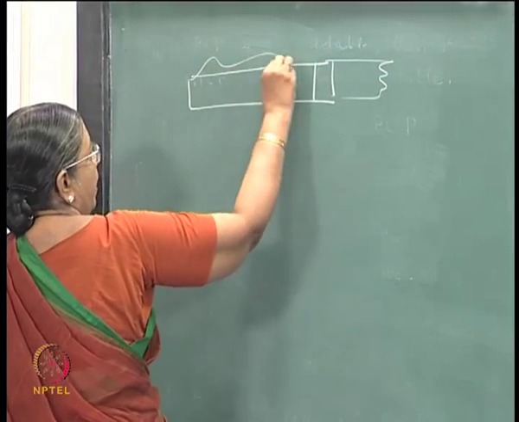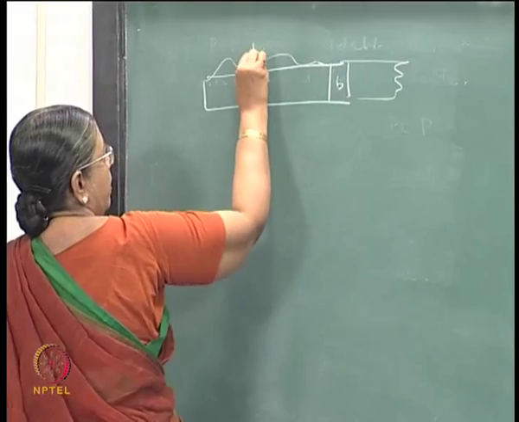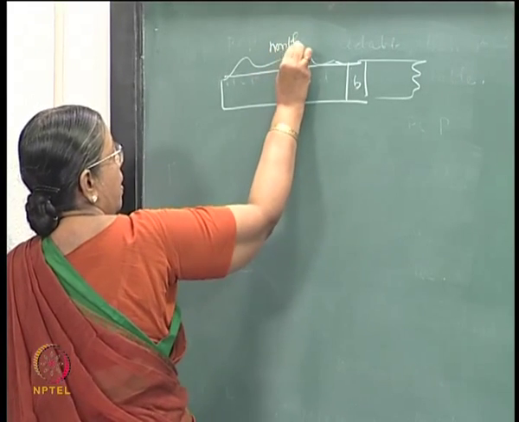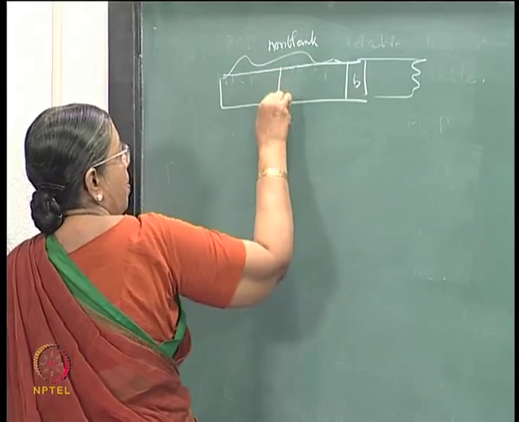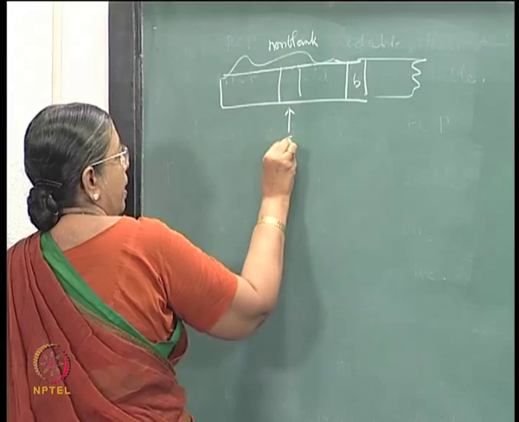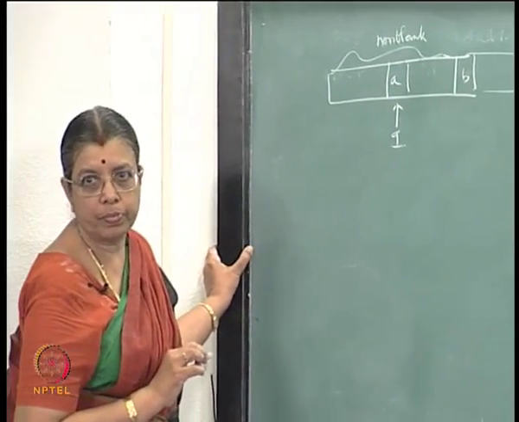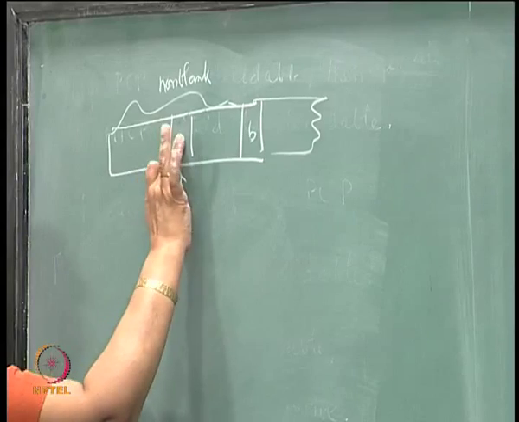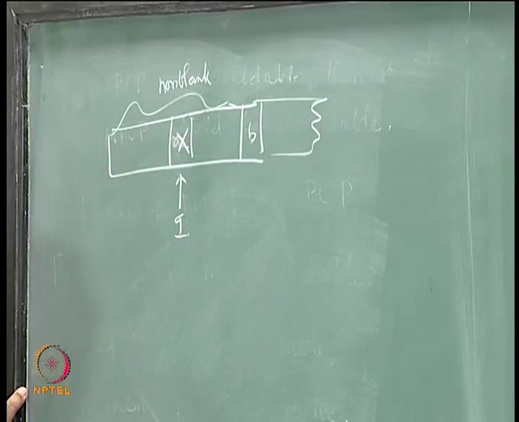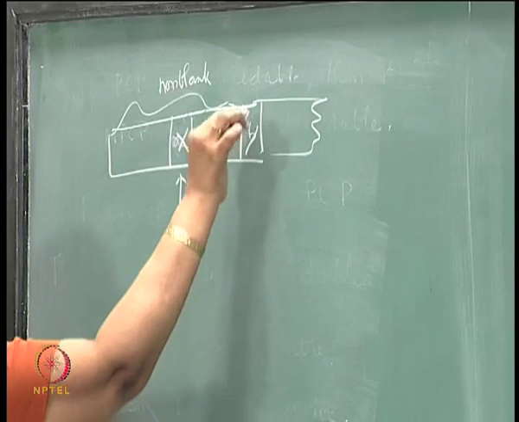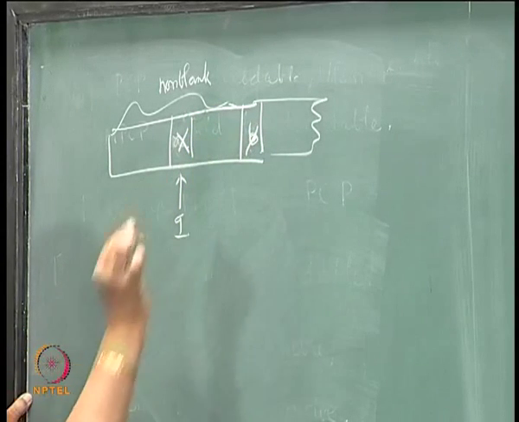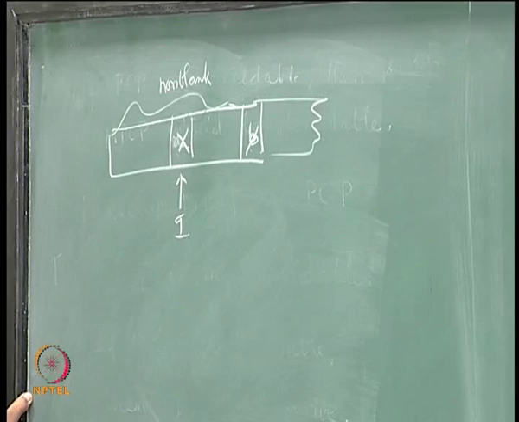This is the non-blank portion, and this is the first blank. You may be reading a symbol, I will use the symbol X, in state Q, or you may be reading this first blank symbol. You have to distinguish between these two cases.